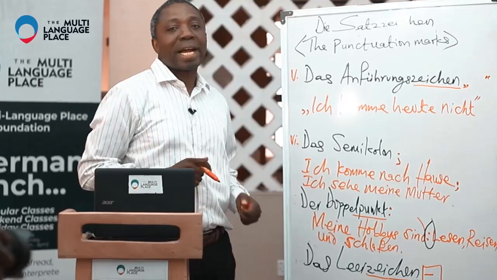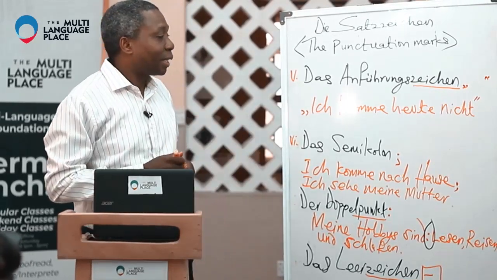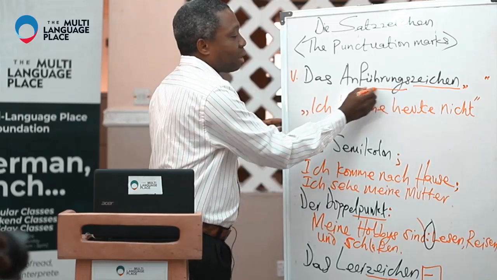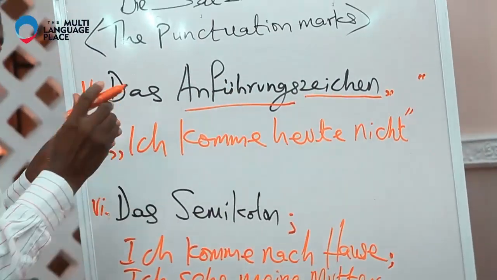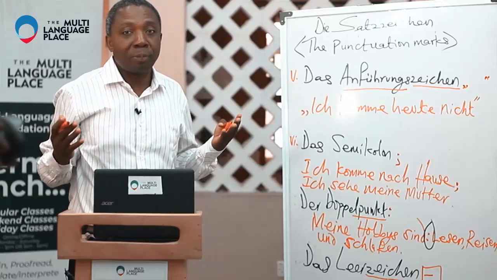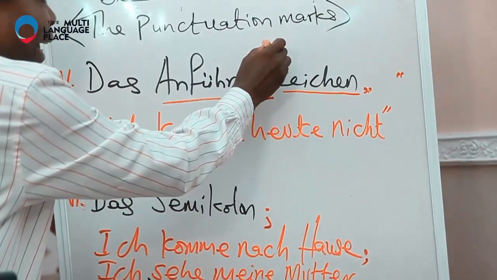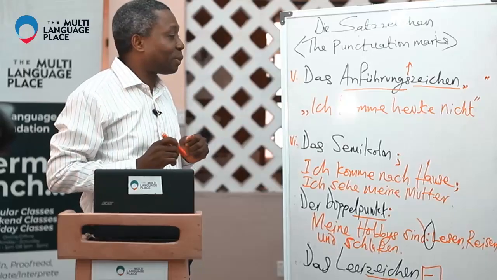The word will carry the gender of the last segment that is joined to the first one. For instance, Anführung is a word joined to Zeichen, making two words coming together, and that's common in German. So the two words are coming together, and then you have something here that is joining them together. We call it Fugenelement, but that is not important now.